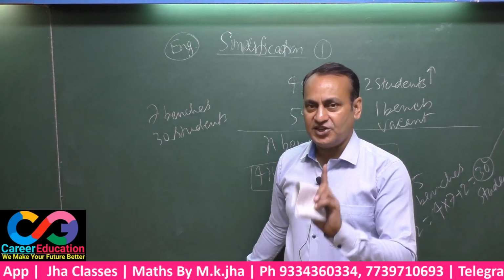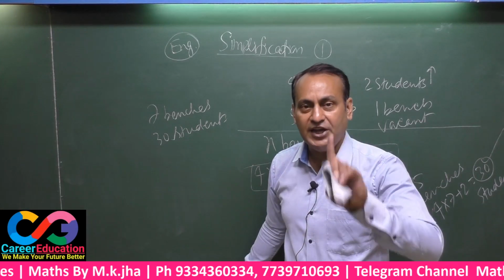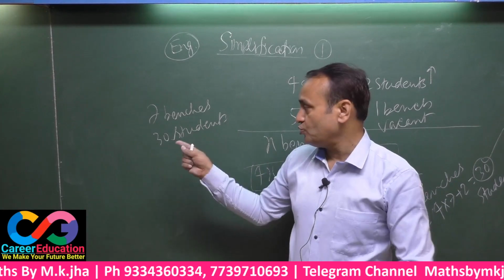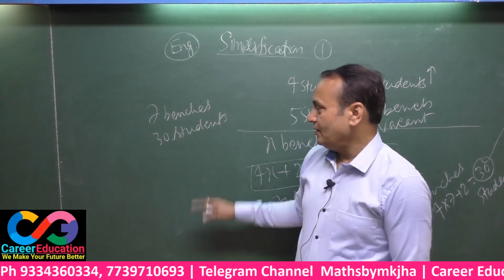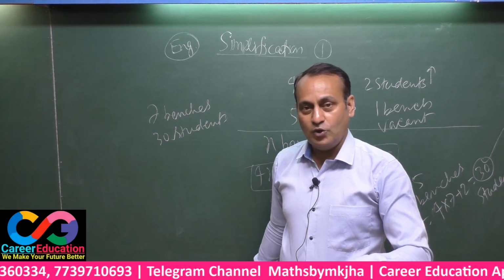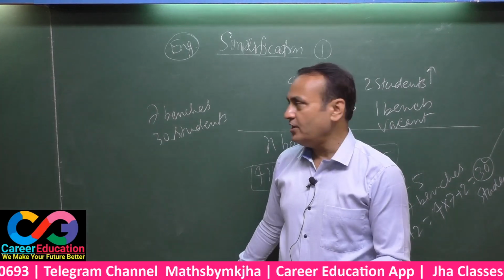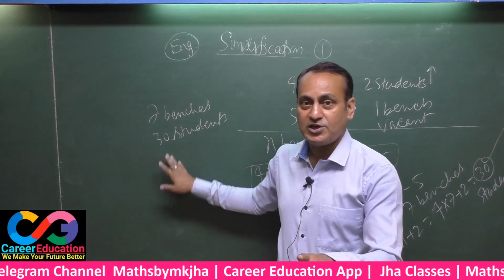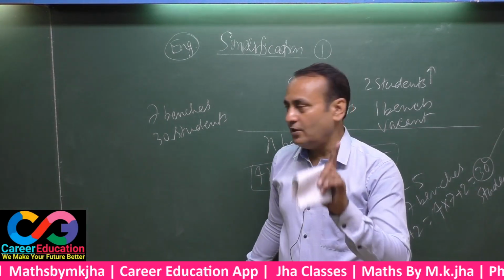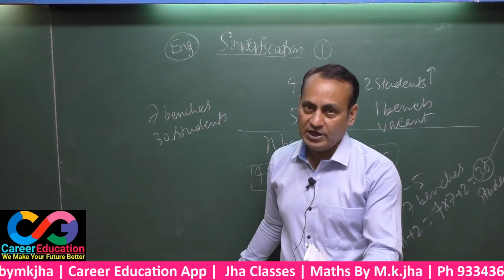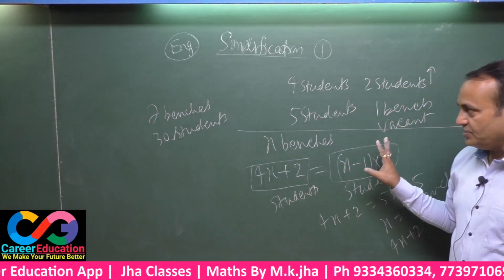If 4 students sit on a single bench, 4 into 7, 28 students will be sitting, but 2 students remain standing. If you arrange 5 students on a single bench, certainly 6 benches, 6 into 5, 30 students will be adjusted. That means one bench will remain totally vacant. That means your answer is correct. This is your basic explanation.